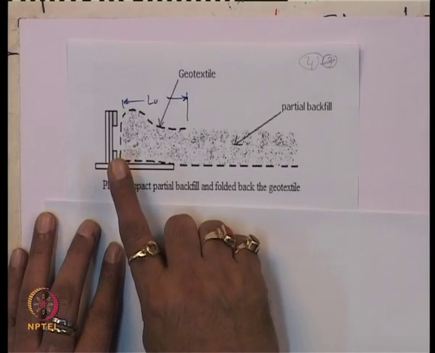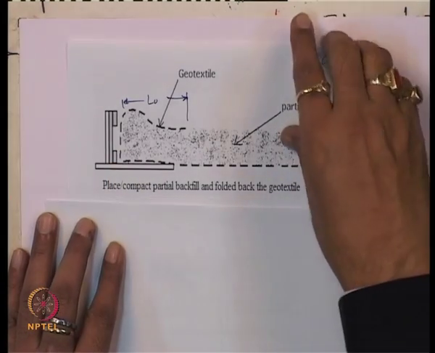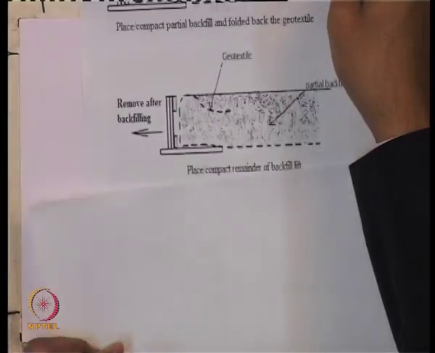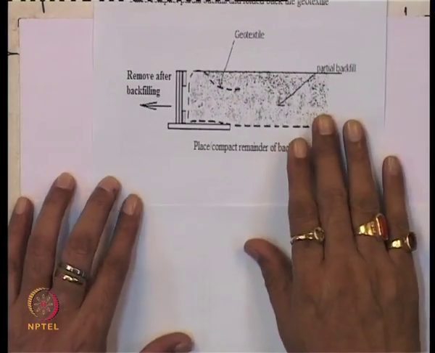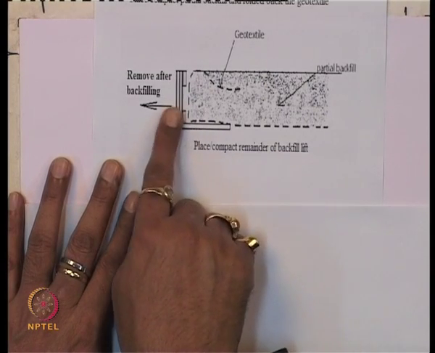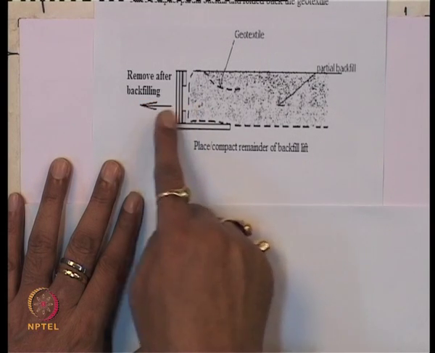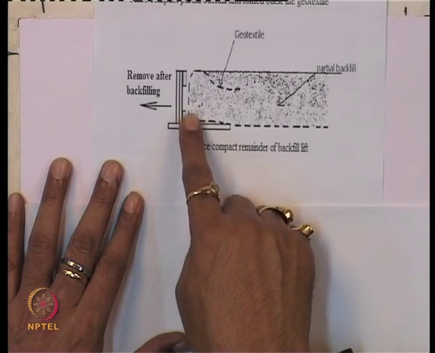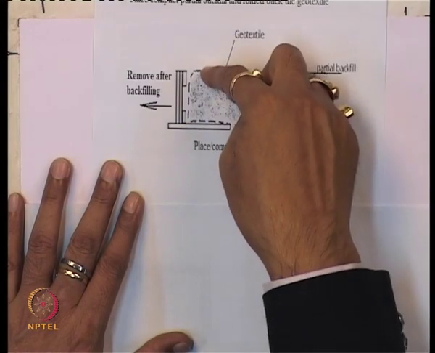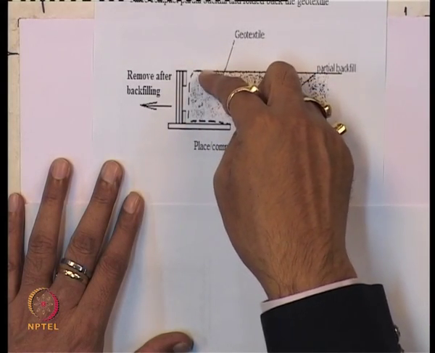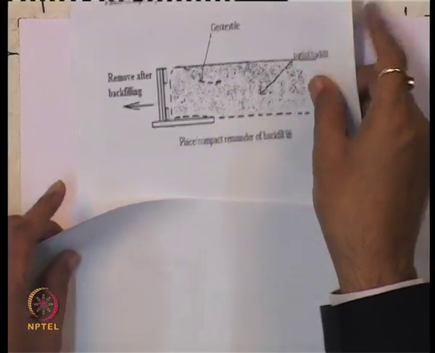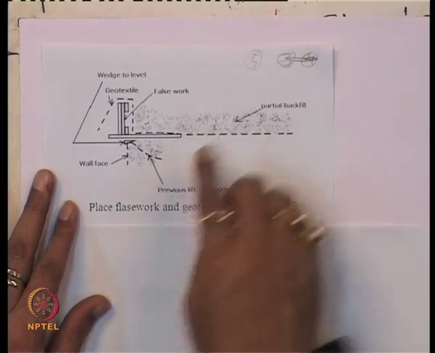Now this wooden face form is to be removed from the front of the wall, and then placed over the compacted layer. So you have to remove it and place it on the compacted layer like this.